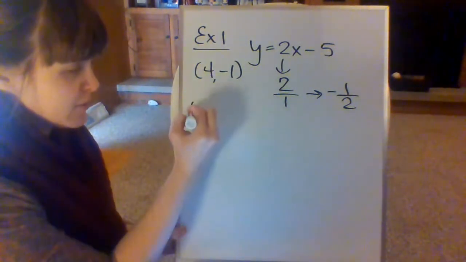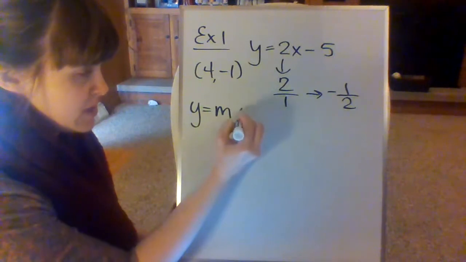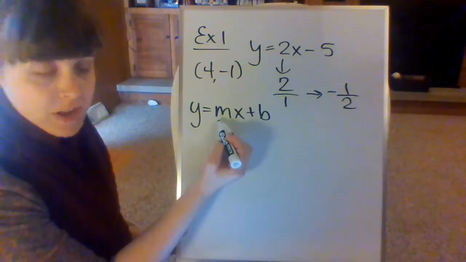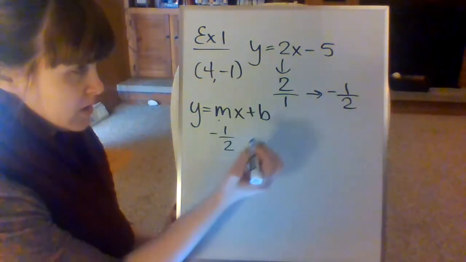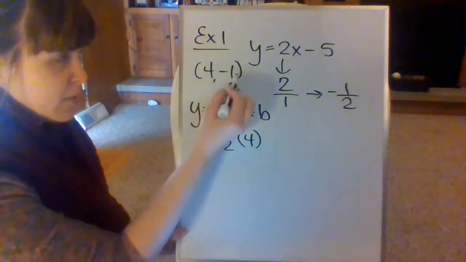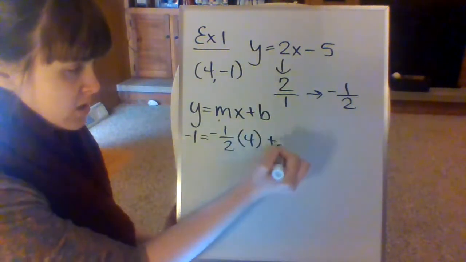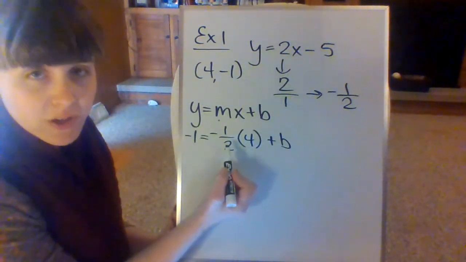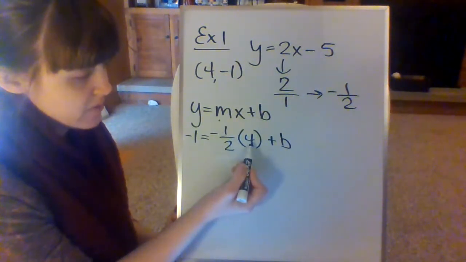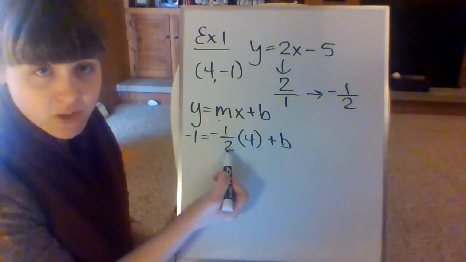Okay, so we're going to use our friend y equals mx plus b, and we're going to put -1/2 in for the slope. The x of our point is 4, the y of our point is -1. Now, when you go to do -1/2 times 4, you can think of it as 4 divided by -2 if you like.